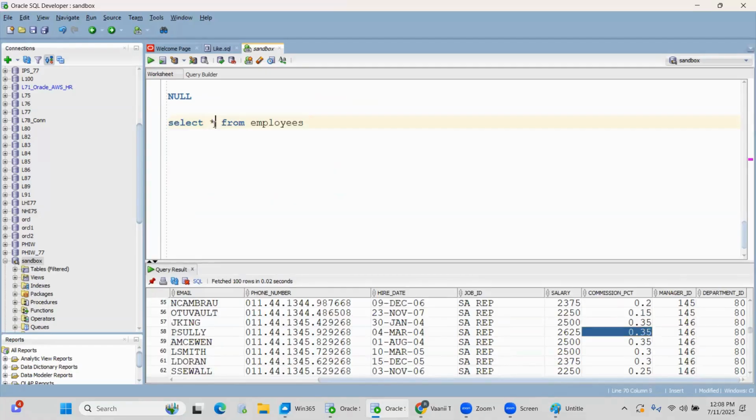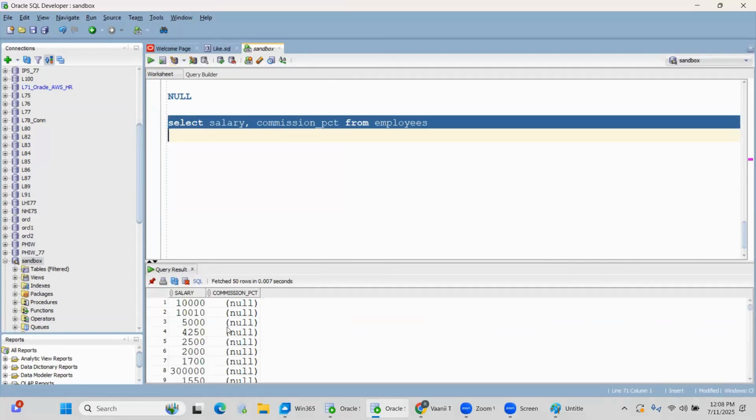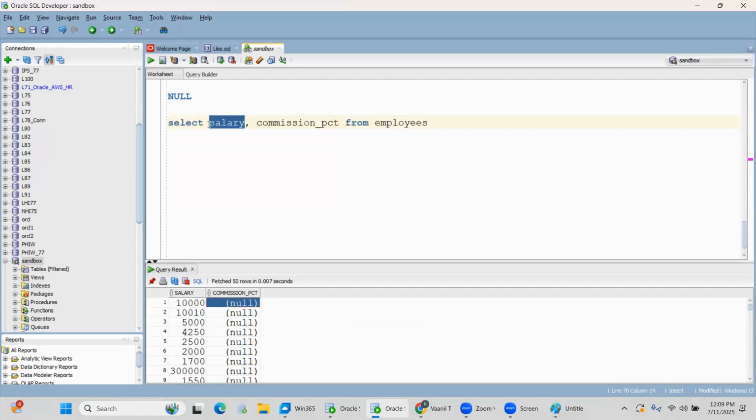So suppose I want to display salary plus commission, or just display them separately first, from the employees table. So you see a lot of nulls, right? Suppose I want to know salary plus commission, how much it is coming to. What can we do? Basically, commission is a percentage of the salary. Got it?